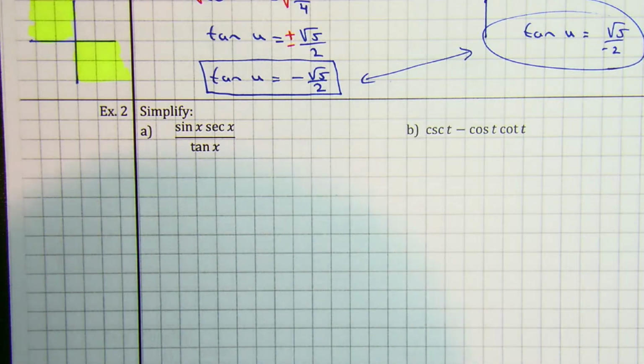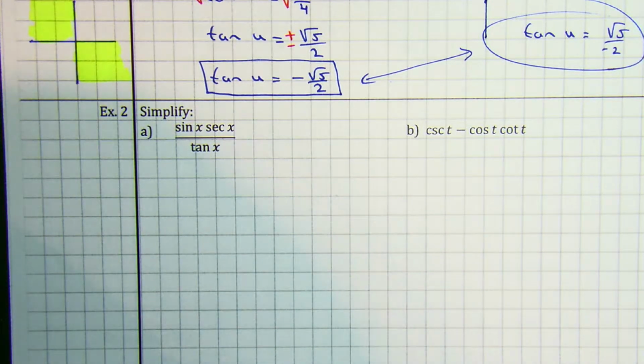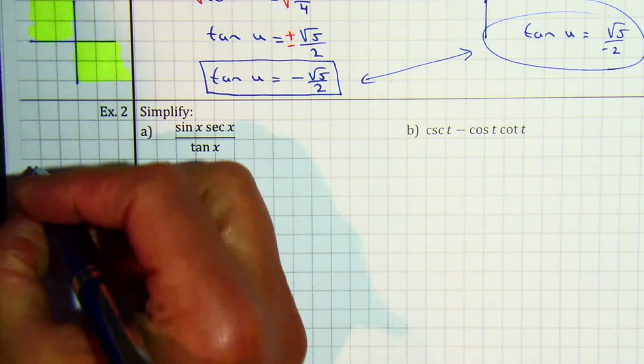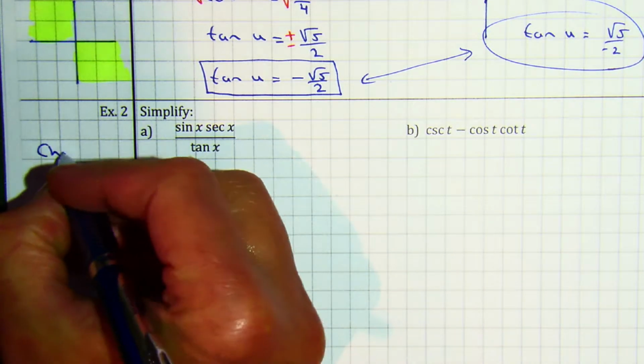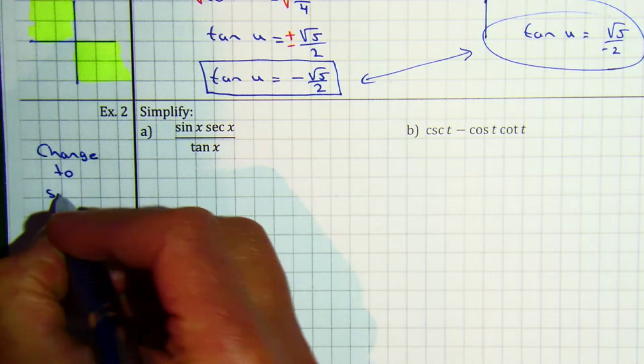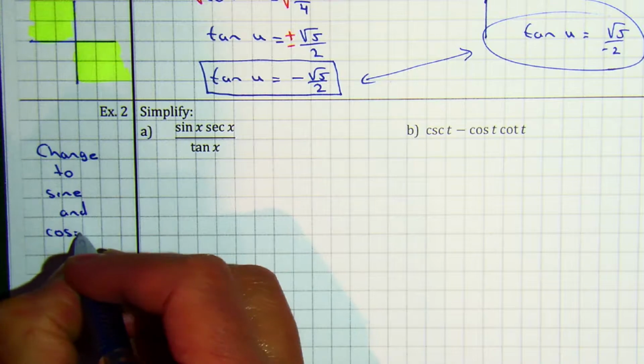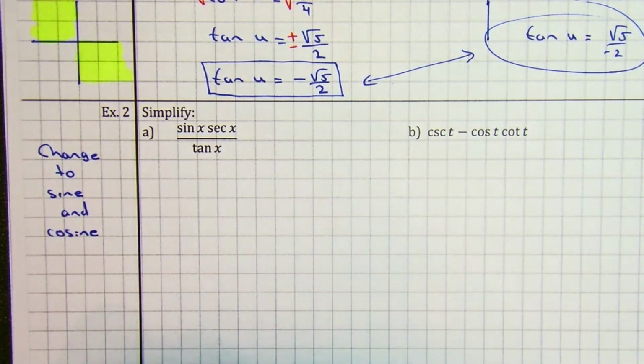Now the challenge is that we don't know what it should be simplified to. So our first strategy is to change everything to sine and cosine. So that's our first strategy.